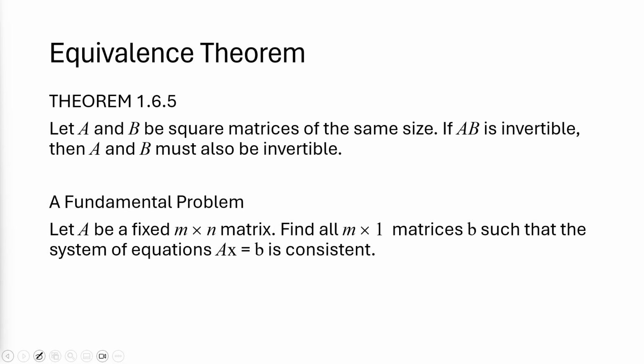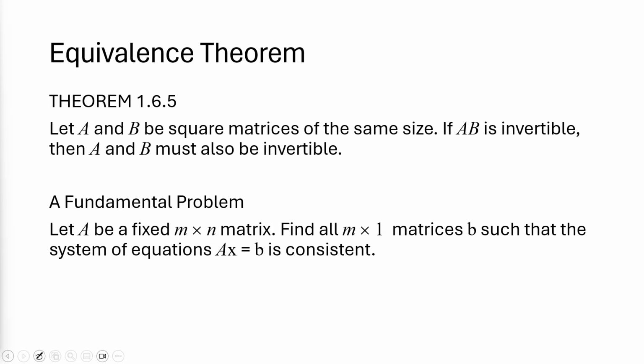If the matrix A is not square, or if A is square but not invertible, then theorem 1.6.2 does not apply. In this case, the matrix B must usually satisfy certain conditions in order for Ax equals B to be consistent.